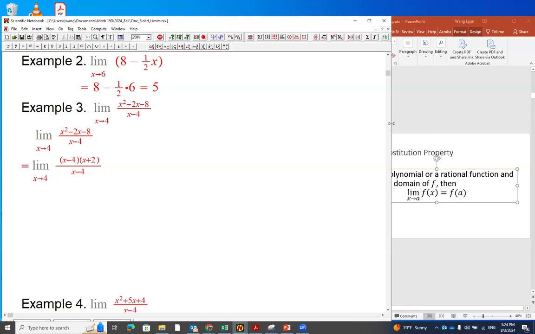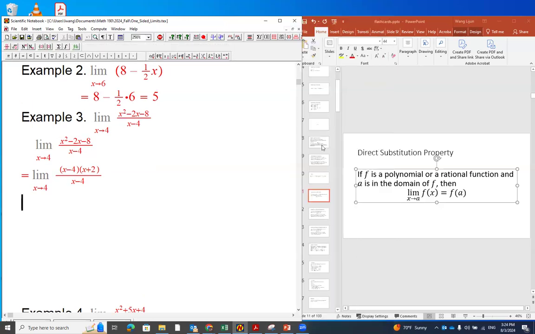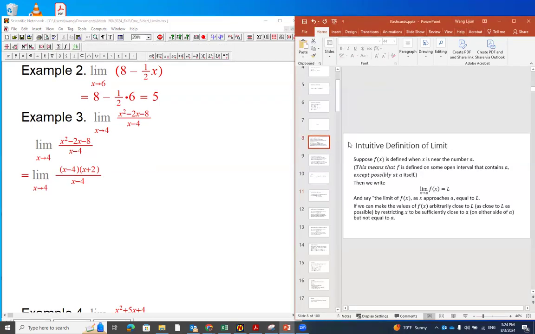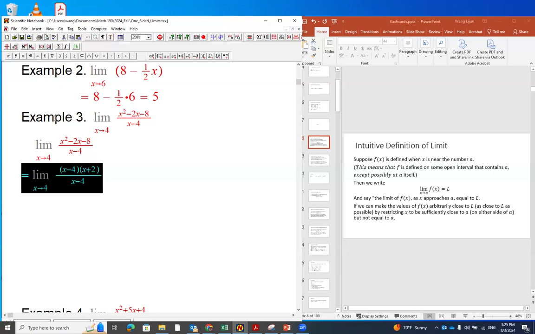Here I want to bring you the intuitive definition of limit. That's the flashcard we're using. When x is approaching 4, but x is not 4, x can get as close as possible to 4 because 4 is not in the domain of the function. As a result, x minus 4 is not 0. Since x minus 4 is not 0, we can reduce it.